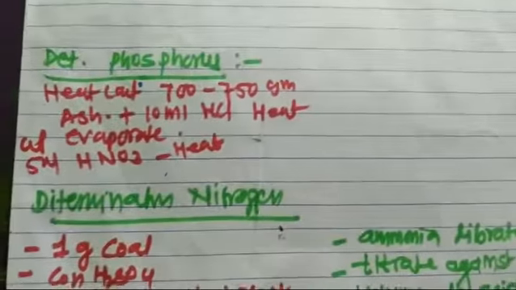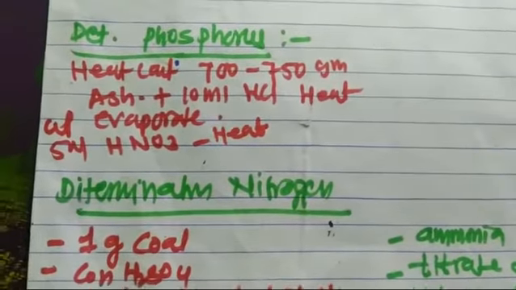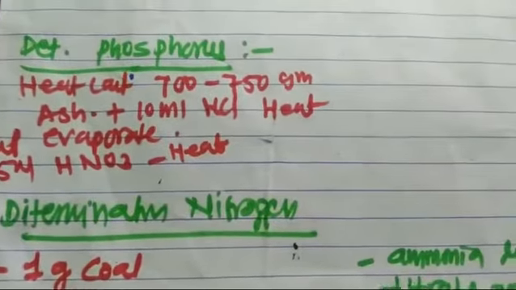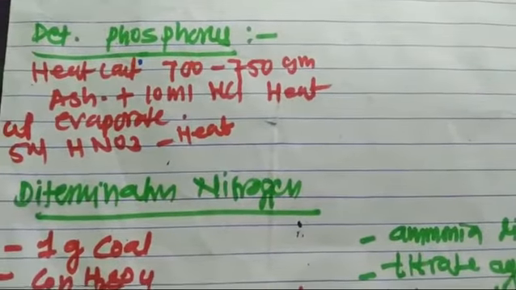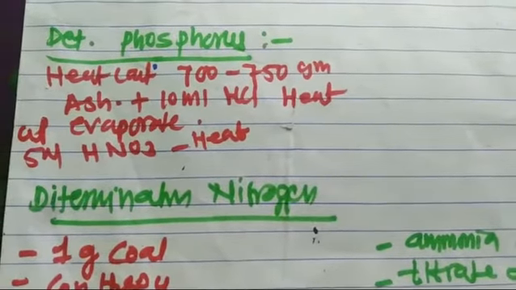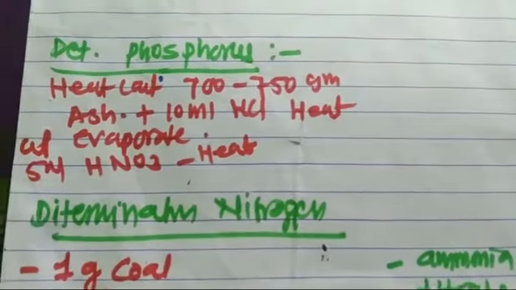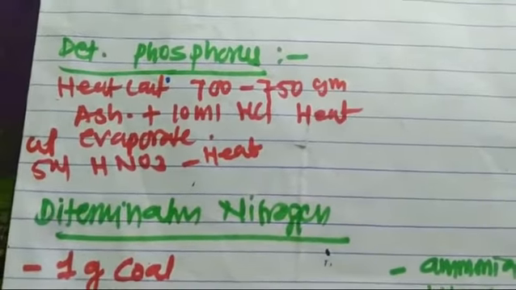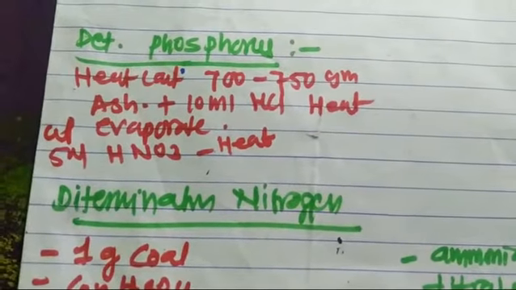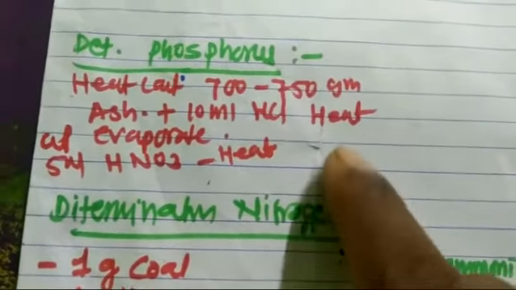Next, determination of phosphorus. Phosphorus is analyzed by heating the coal sample at 700 to 750 degrees Celsius in a platinum crucible. So we obtain the ash.